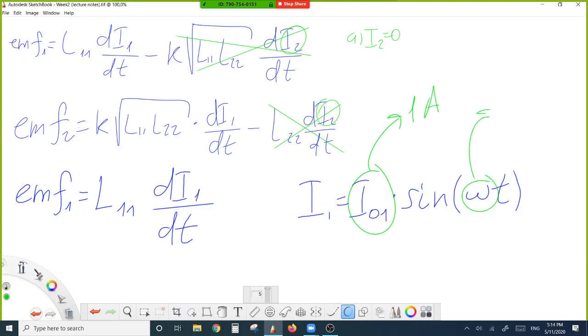Omega is not given, but omega is equal to 2 pi f, where f is frequency and f is given.